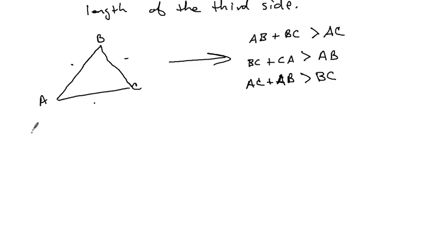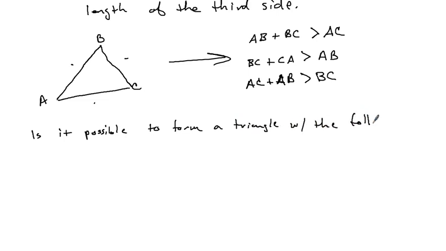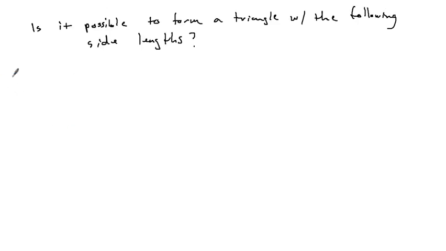So here's a type of question you'll see. Is it possible to form a triangle with the following side lengths? So let's write some down.